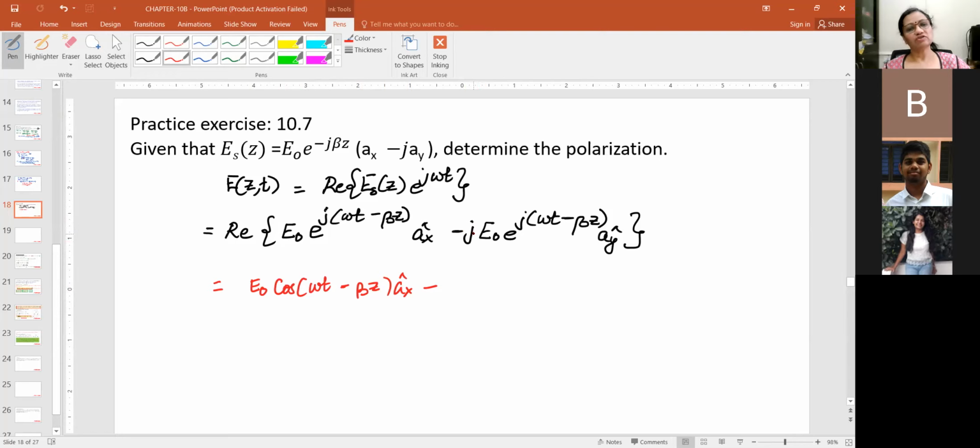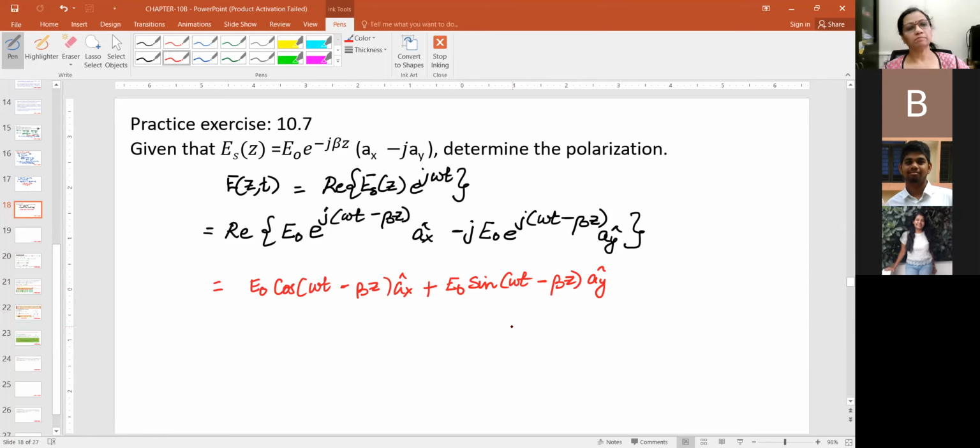There is already a j. So what will you get? Cos theta plus j sine theta. Already there is a j, so j and j will become 1. Therefore here you will get plus E naught sine omega t minus beta z along the ay cap direction.